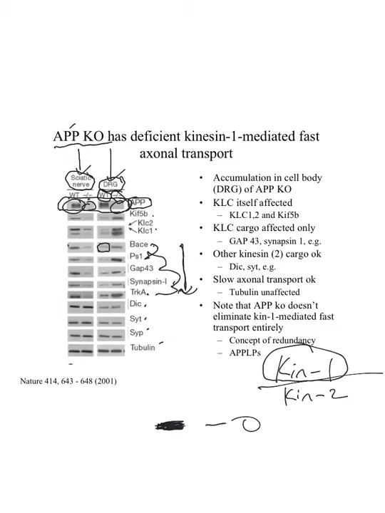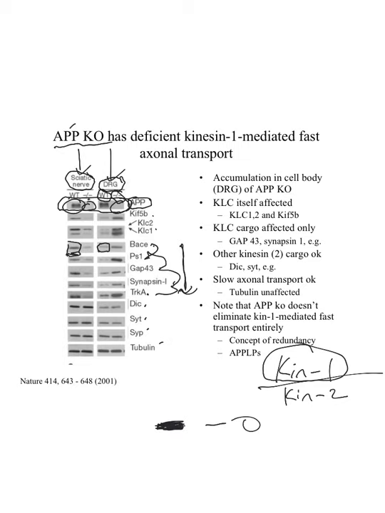And there's a much bigger signal in the wild type nerve. That's because everything's working normally. BACE is synthesized in the soma, quickly packaged into vesicles, linked up to kinesin, and then transported into the axon. So it's moving quickly from the site of synthesis into the axon. And that's why we see more of the protein accumulating in the axon for the wild type animal.